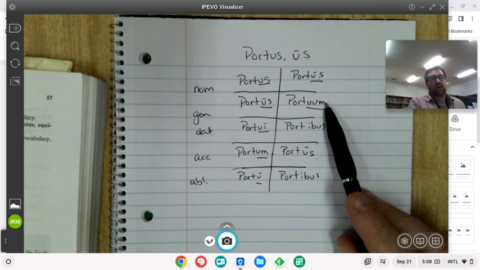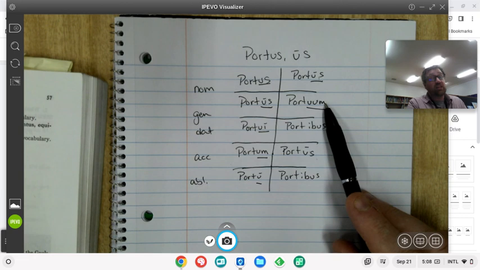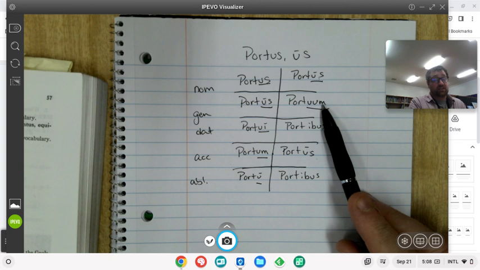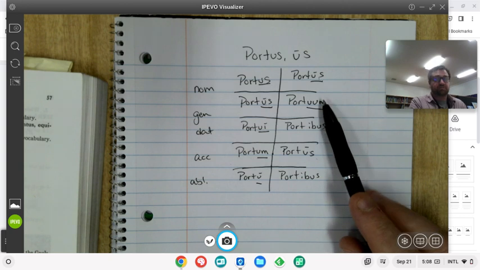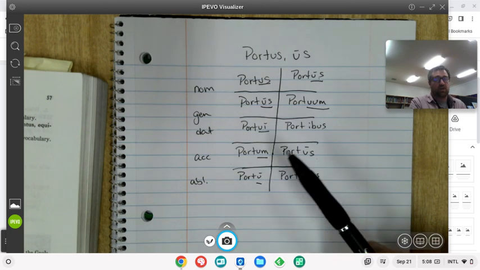We had orum and arum, so they've been ending in um for the first two declensions, and then we had just um, or sometimes ium if it was an i-stem in the third declension. So we're continuing that pattern of having our genitives end in m at least. We still have an m in the accusative here, like we've been seeing all along for the most part.